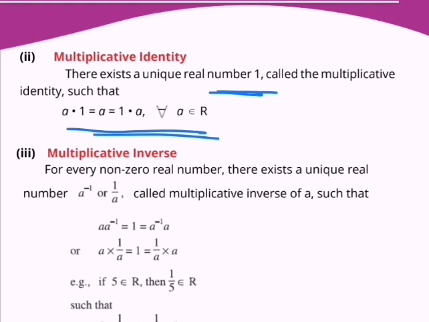Multiplicative inverse. For every non-zero real number A, there exists a unique real number A inverse, called multiplicative inverse of A, such that if we multiply this number with A from the left side or from the right side, it gives us multiplicative identity 1.